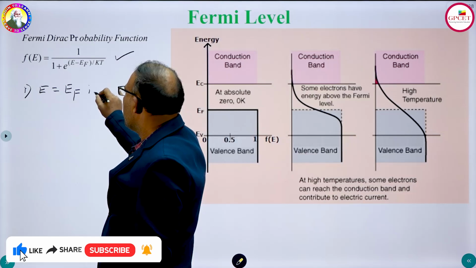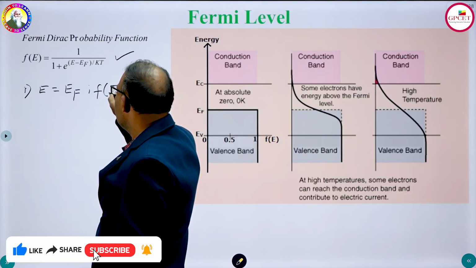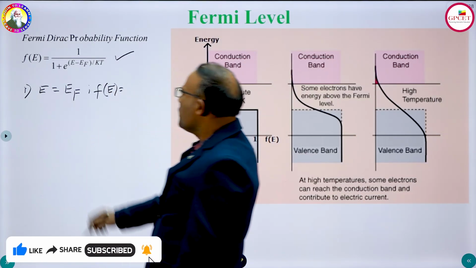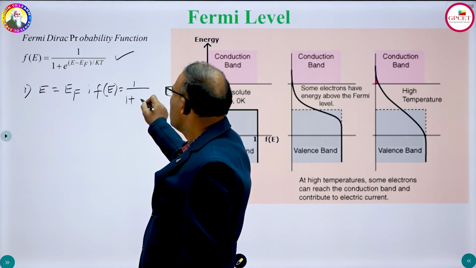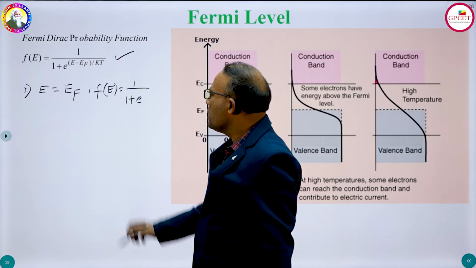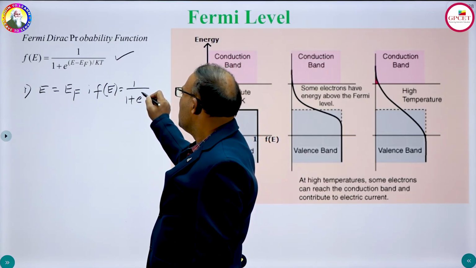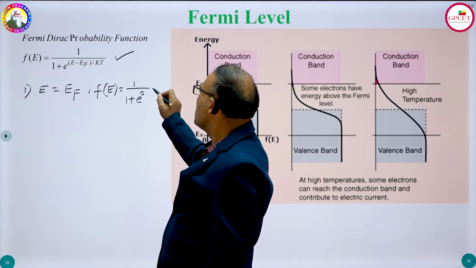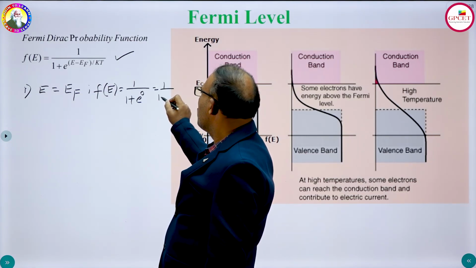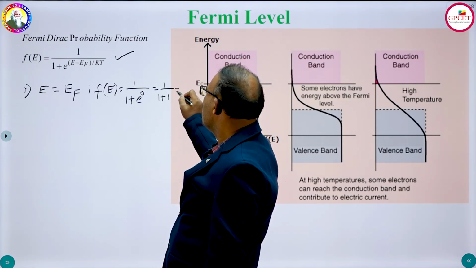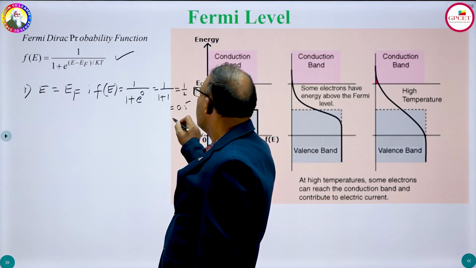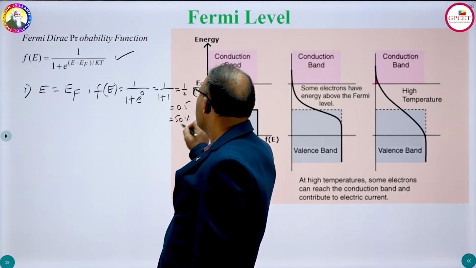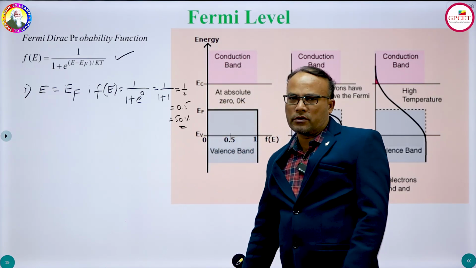It is given by f of E is equal to 1 by 1 plus e power E minus Ef, which becomes 0. So that is 1 by 1 plus e power 0, which is 1, that is 1 by 2, which is equal to 0.5. That is, 50% of energy states are filled with electrons.